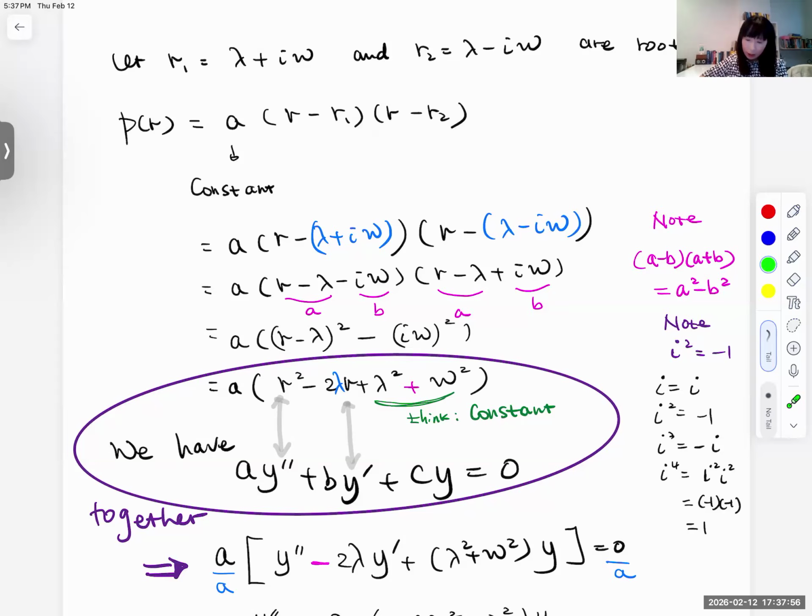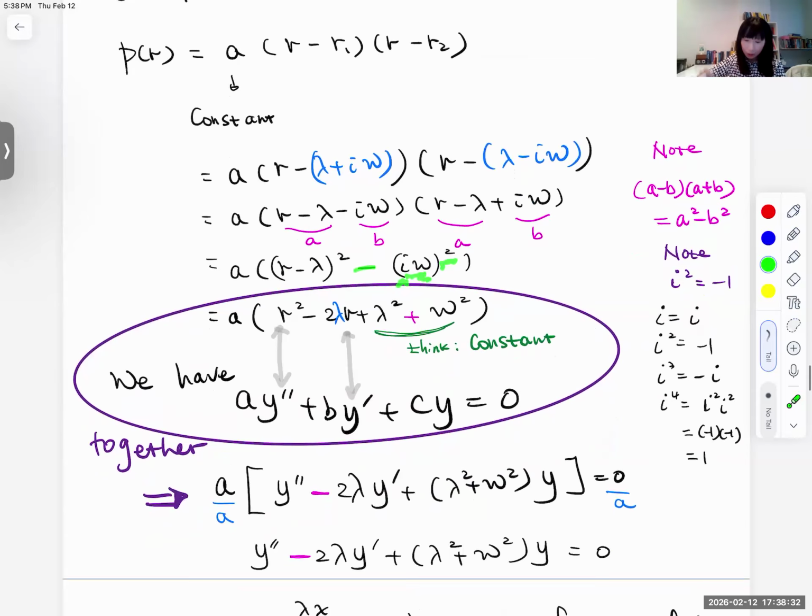All right, then we distribute, then we get that. Okay, then can you recognize we have A minus B times A plus B, right? Then there will be A squared minus B squared, yeah? So there will be R minus lambda quantity squared minus i omega quantity squared, right?